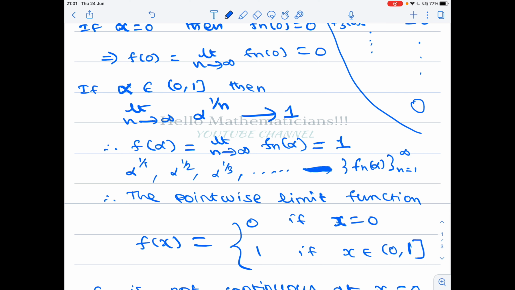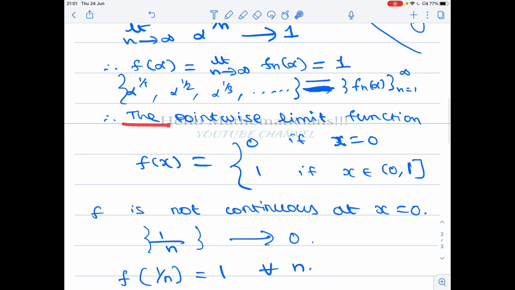These two sequences are the same, and so this sequence is nothing but the alpha power 1 by n sequence. Since alpha is positive, this sequence alpha power 1 by n converges to 1. So we get f of alpha equal to 1 for all alpha belongs to open 0, closed 1.